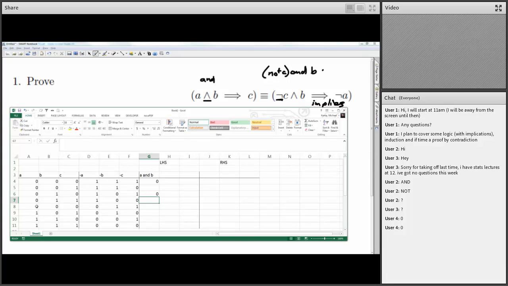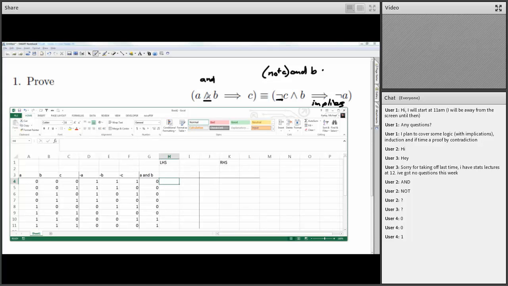Same thing for 1 and 0. You also get false. And if you get true and true, you get 1. And in Excel, because I want to do it quickly, you can just do it by multiplying the two numbers together, as a matter of fact. So I'm just going to do it quickly, but you could fill them in directly yourself.